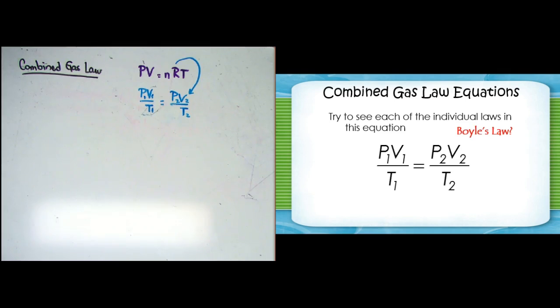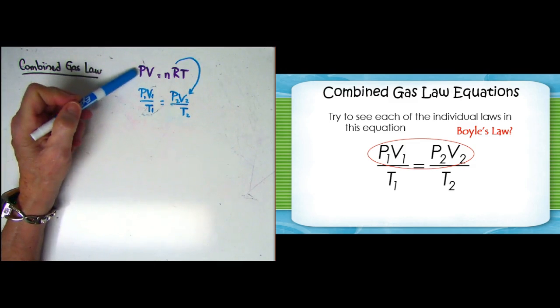Let's find Boyle's law. What is Boyle's law? Anybody remember? Well, Boyle's law is pressure and volume, and hopefully you can see it right there. Boyle's law is P1V1 equals P2V2. It's right there, and we set it up from the ideal gas law.